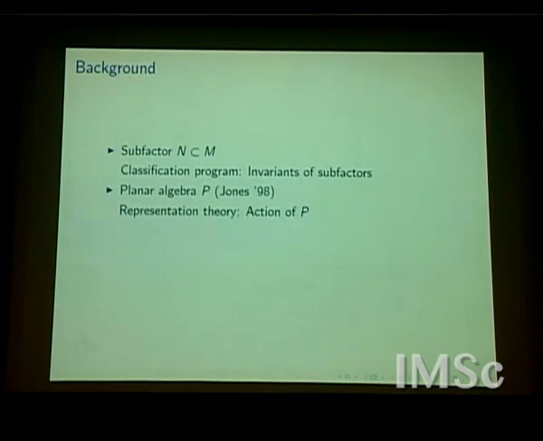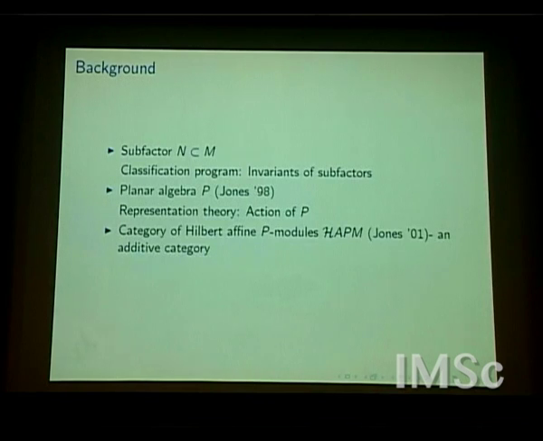And after giving planar algebras, he worked on representations of planar algebras, that means actions of these planar algebras on Hilbert spaces in particular. The reason was how he could produce new subfactors. So planar algebras are invariants of subfactors, typically pictures on the plane.